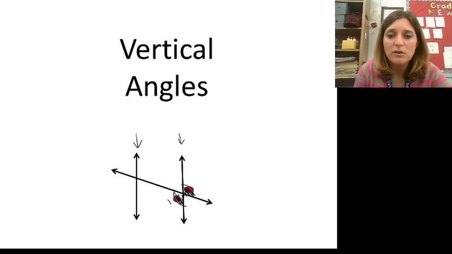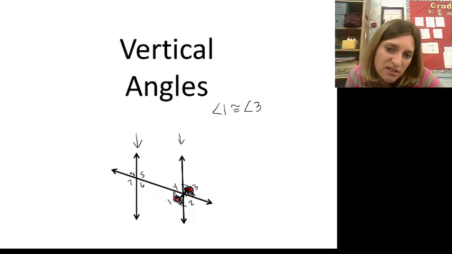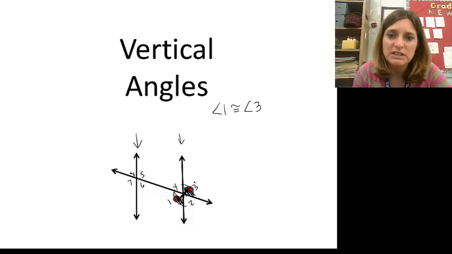Okay, so if this was angle 1, 2, 3, 4, 5, 6, 7, 8. Okay, angle 1 is congruent to angle 3. So if angle 1 was 100 degrees, angle 3 would be 100 degrees.